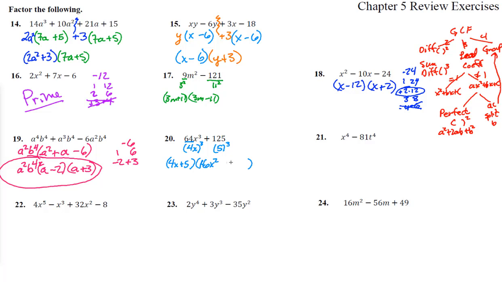That's 4x altogether squared. Have to times 5 by 5 squared, which is a 25. That's on the end. And then the opposite sign of 4 times 5, 20x, gives us the sum of cubes formula.